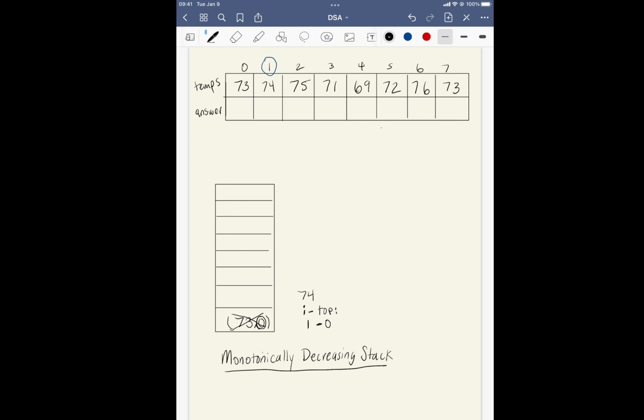So 1 minus 0 is going to be our answer that we put here. Now we can put 74 on the stack because we popped 73 off first. So we put 74 on the stack, and put its index as 1.